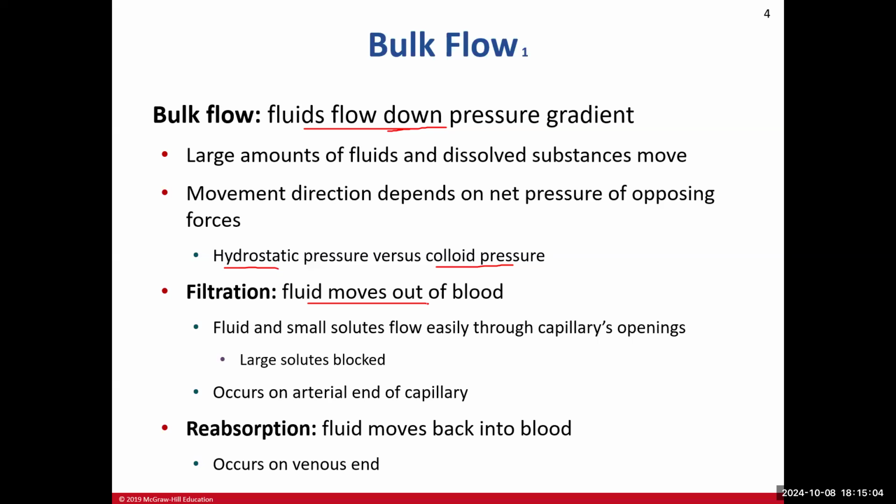Continuous is the least leaky. Then we move to the fenestrated, which has some holes in the cells, so more fluid can leak out of that. And then we have the sinusoidal, which has these big gaps. As we progress through those, the capillaries become more leaky, and so more fluid, but also certain types of solutes, can leave.